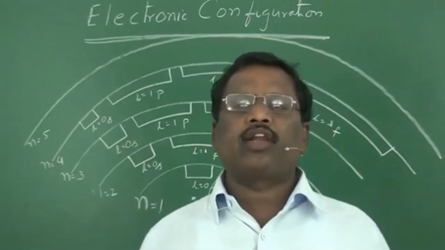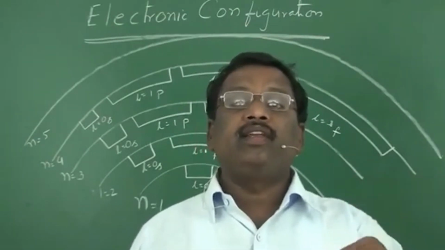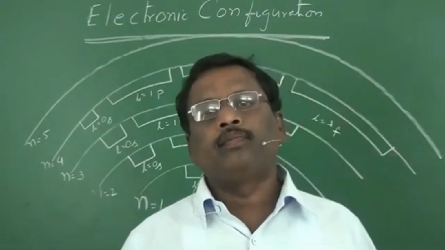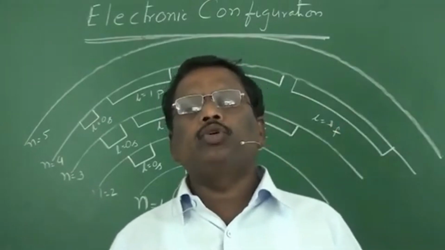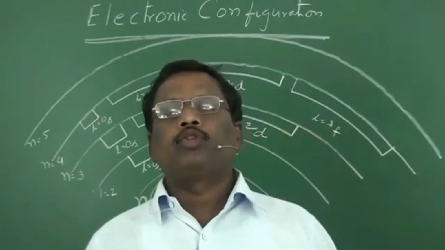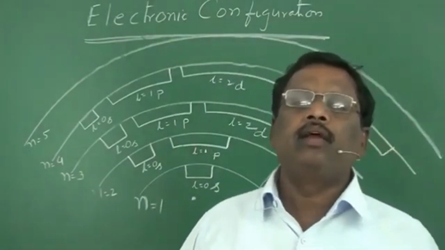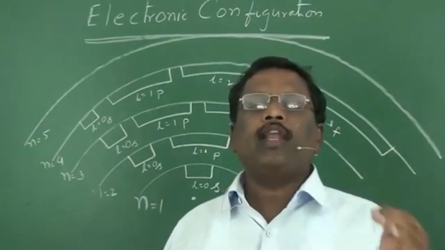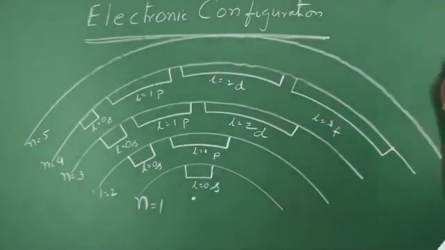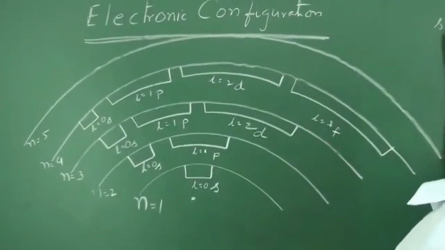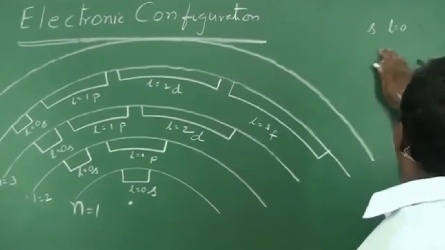So the Zeeman effect and Stark effect give us the number of orbitals present in each sub-energy level. The number of orbitals present in a given sub-energy level is equal to 2l plus 1. For example, for the s sub-energy level, l is equal to 0.